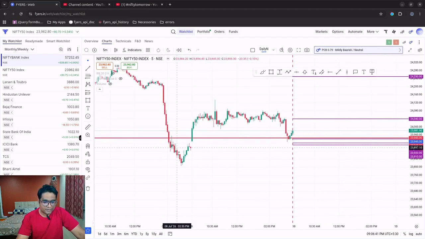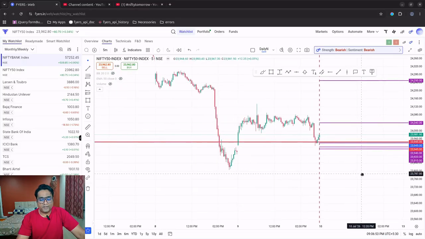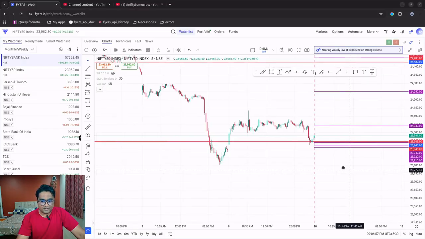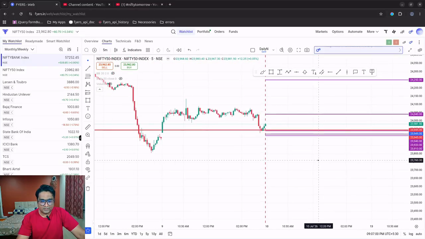The market dropped below the weekly key level, but then it is trying to take support. Today we see it trying to take support just above the weekly key level. We still have one day, so it will be interesting to see whether the market closes below this weekly key level.